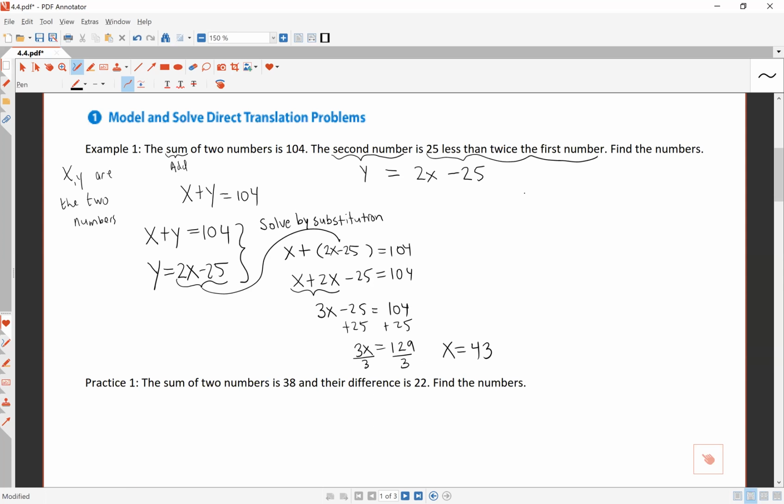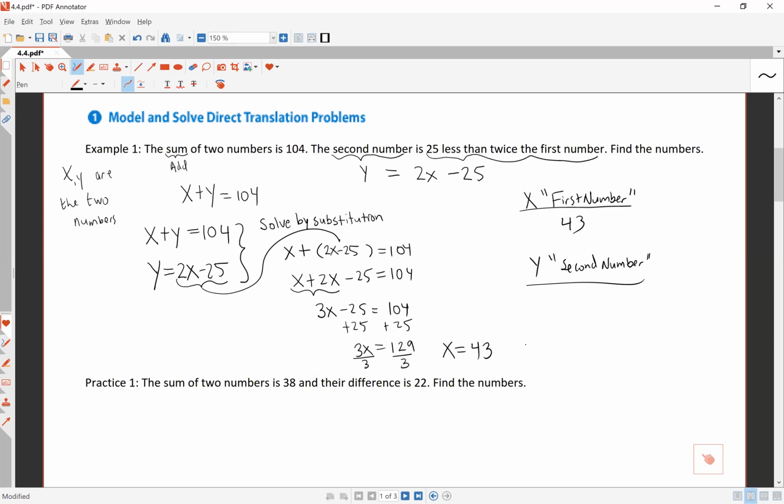So we called x the first number, and that's 43. And we called y the second number. We knew that their sum was 104, and the second number was 25 less than twice the first.